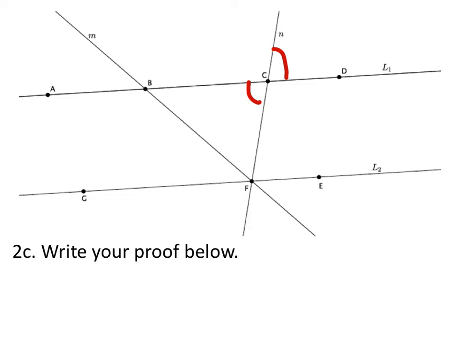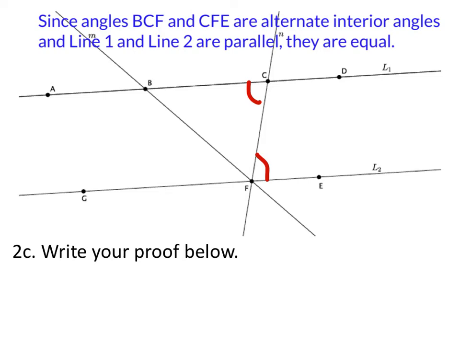You know what, in fact we don't even need that one. Angle CFE is congruent to angle BCF because line 1 is parallel to line 2, and these are alternate interior angles. So that's the beginning of this proof because it only shows one angle right there.